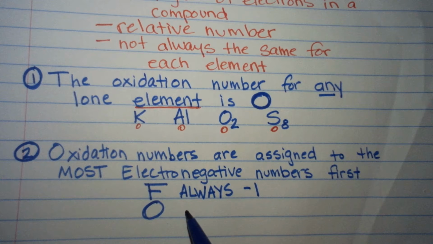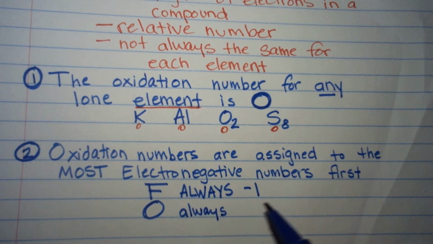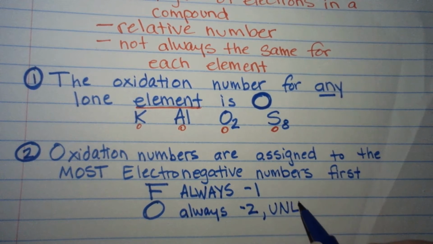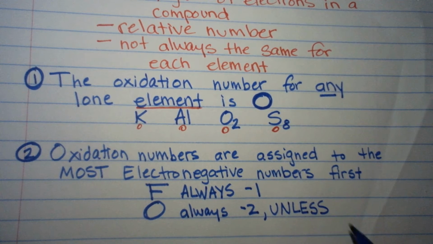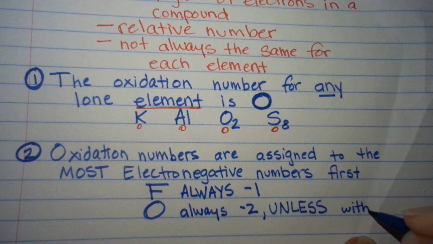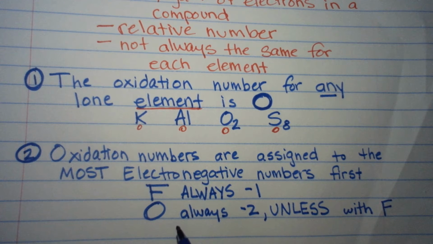It is always -2, unless, and this is more normal in science, we have an exception, unless it is with fluorine. Because fluorine is the most electronegative, it can kick oxygen off of its always.